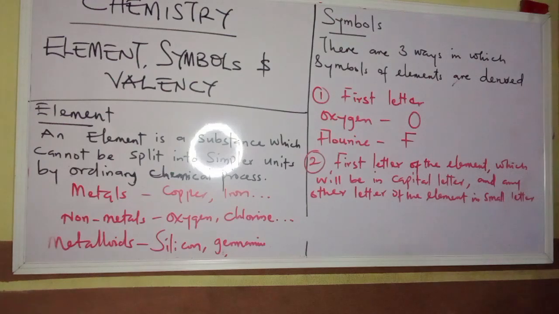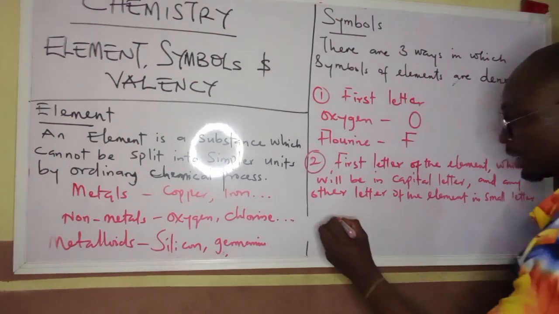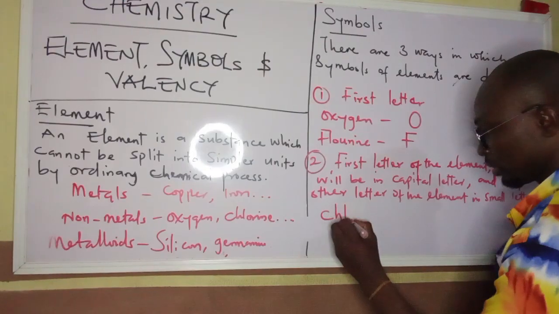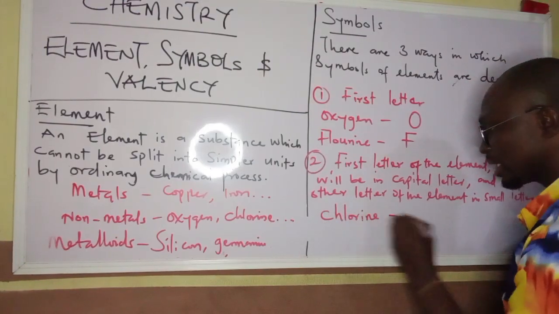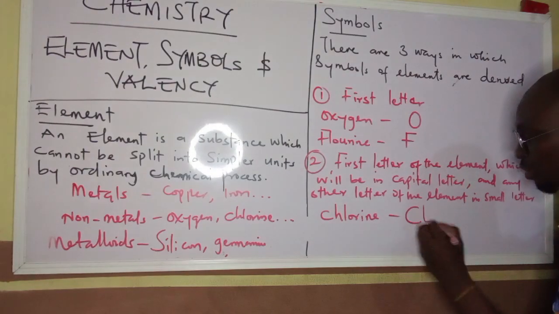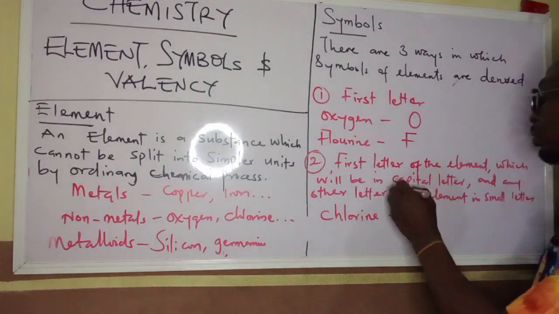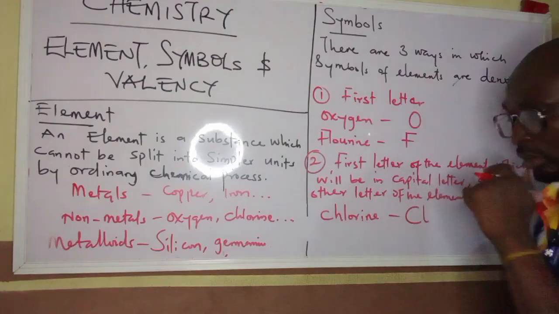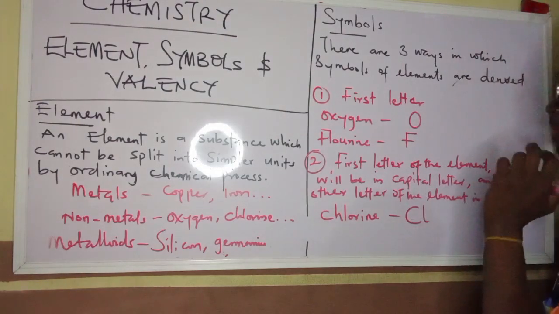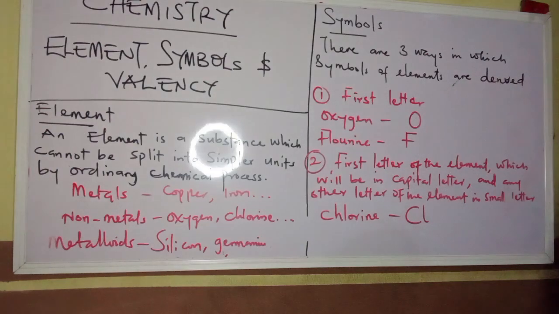So what does that even mean? It means in the case of chlorine, let's look at chlorine. The symbol for chlorine is capital C and small letter l. That is the rule that guides the symbol for this particular element.